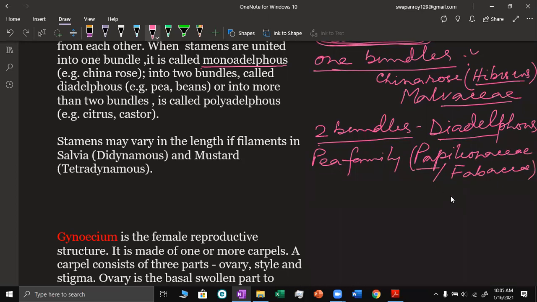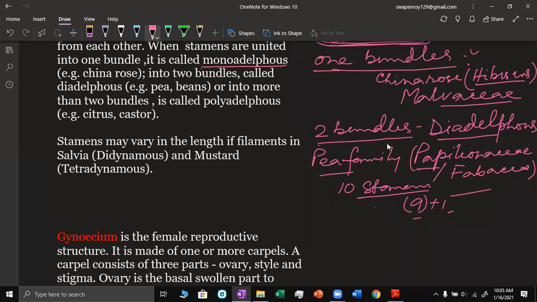In the P family, there are 10 stamens, and in these 10 stamens, 9 plus 1: 9 are united into one group, one is free.